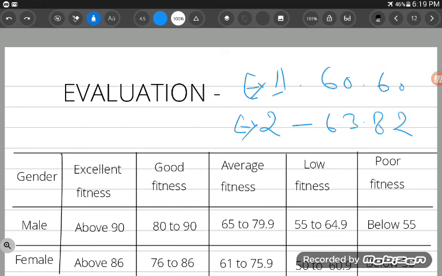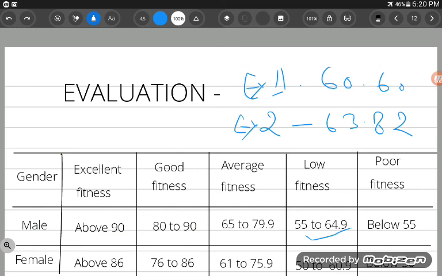Both are male, so you will check the category: both athletes, the players, have low fitness.